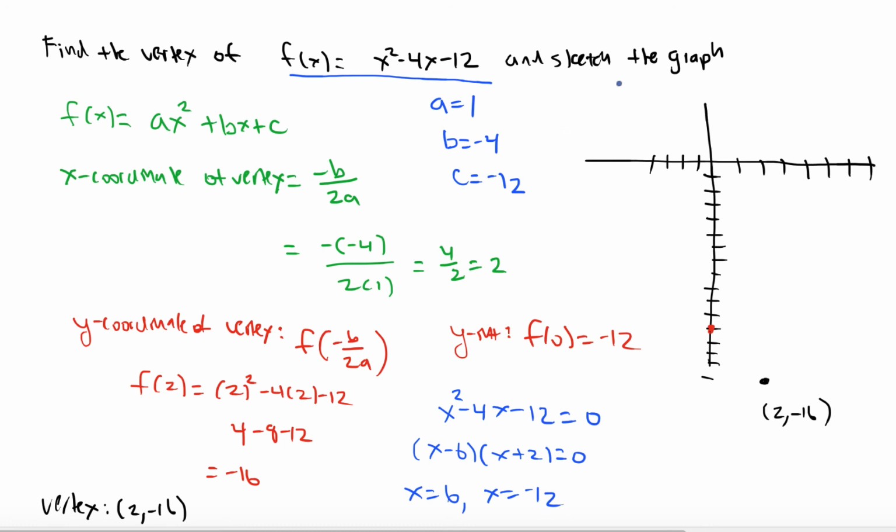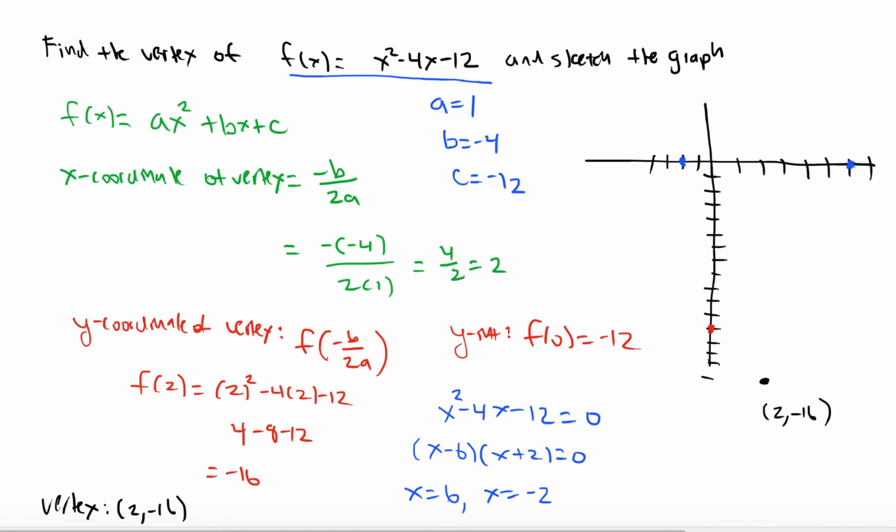So what does that mean? It means that at, sorry, that should be a negative 2 here. So at negative 2 on the x-axis, that is going to be one of the x-intercepts, and at positive 6, that will be another x-intercept.